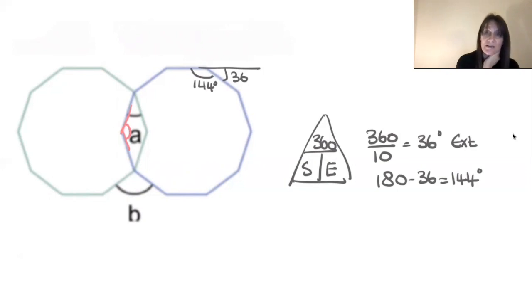The green regular polygon is identical. It's a 10-sided shape with all the same conditions, which means the inside of there is going to be 144 as well. So what I've got is this shape appearing where these two are both 144 degrees each.